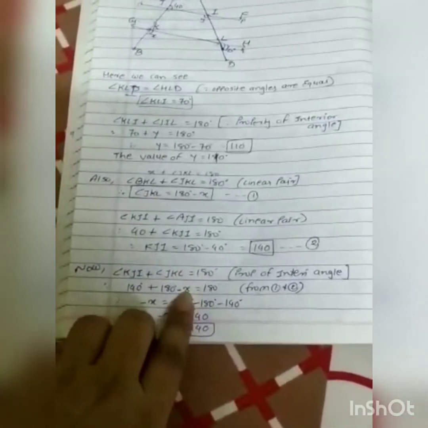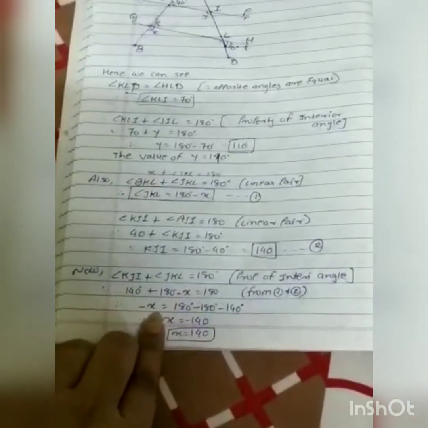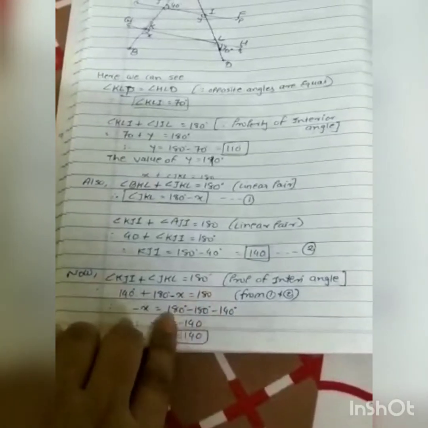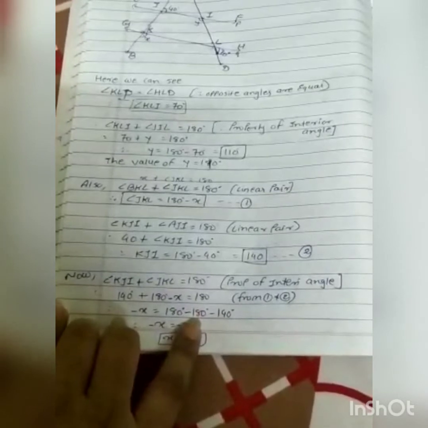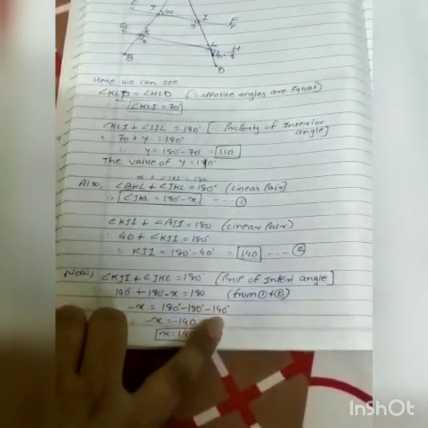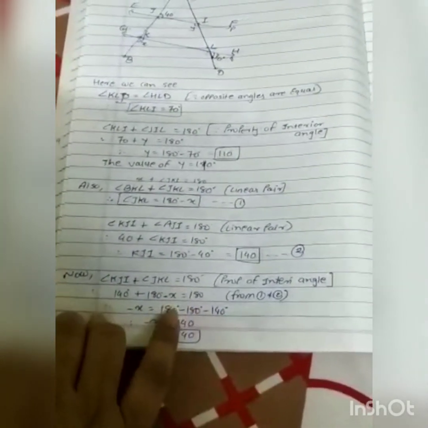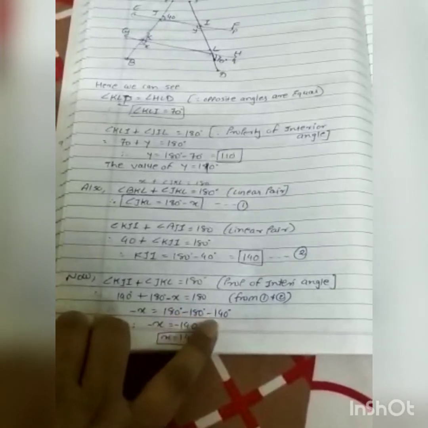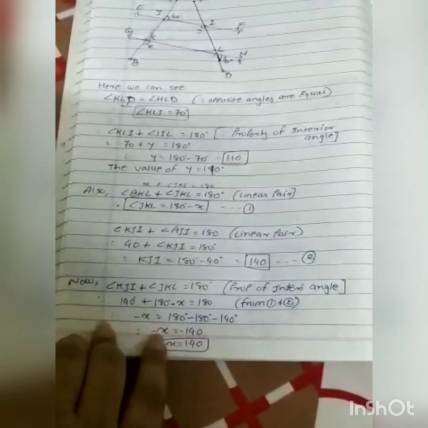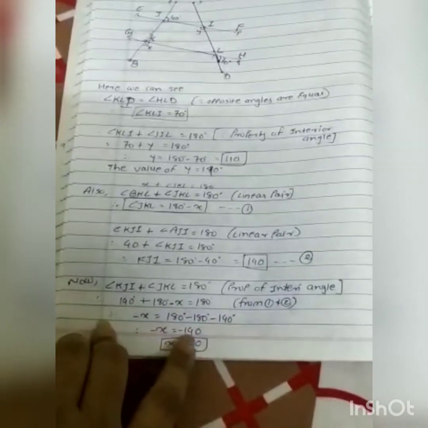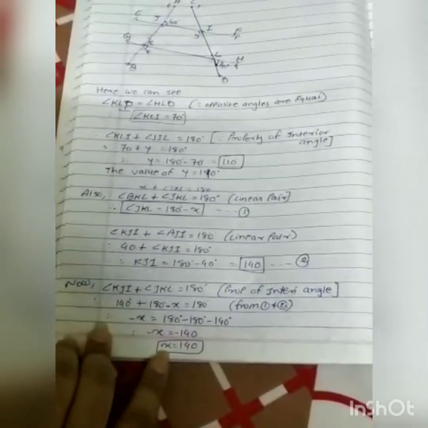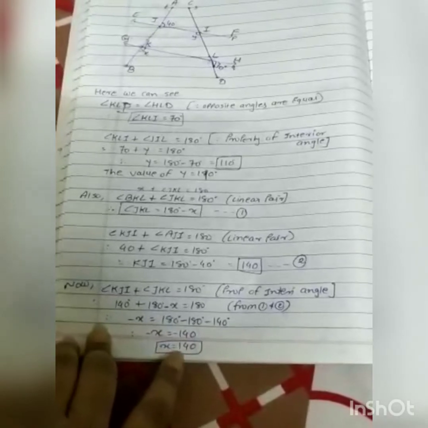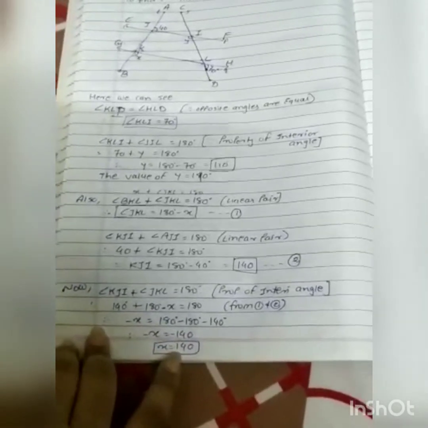So minus x is equal to 180, this plus 180 came over here, becomes minus 180, and plus 140 same, minus 140. So 180 minus 180 is 0. We have here minus 140, so minus x is equal to minus 140. Minus minus got cancelled. We got x is equal to 140 degrees. Understood?